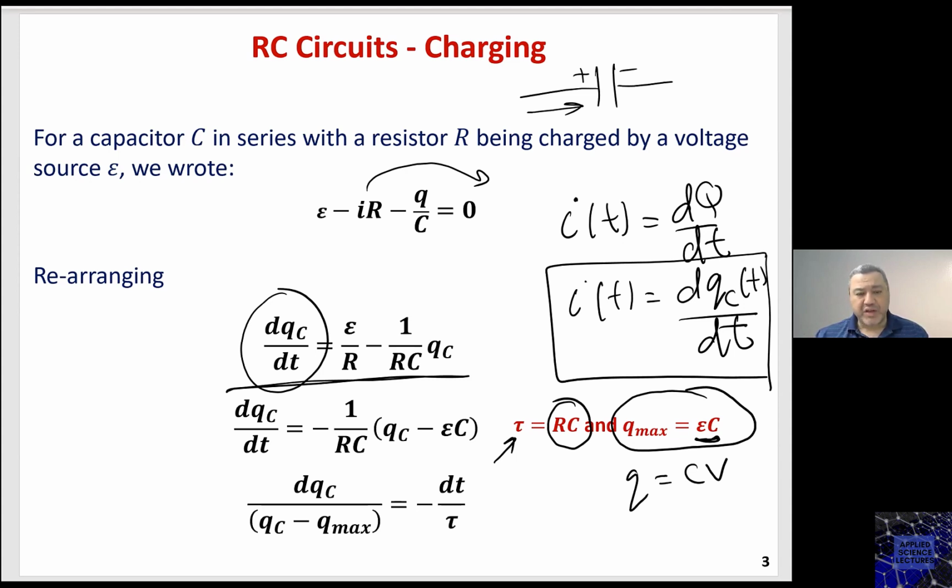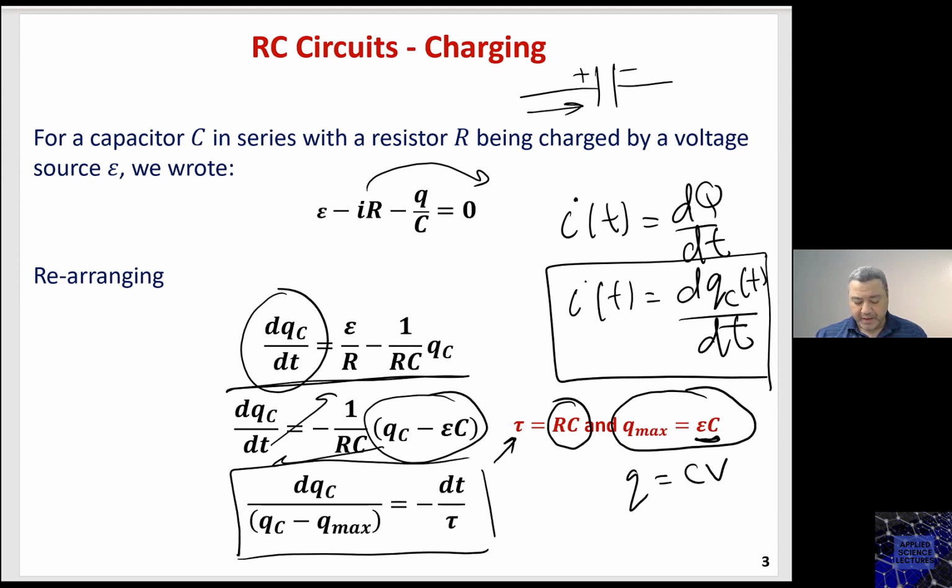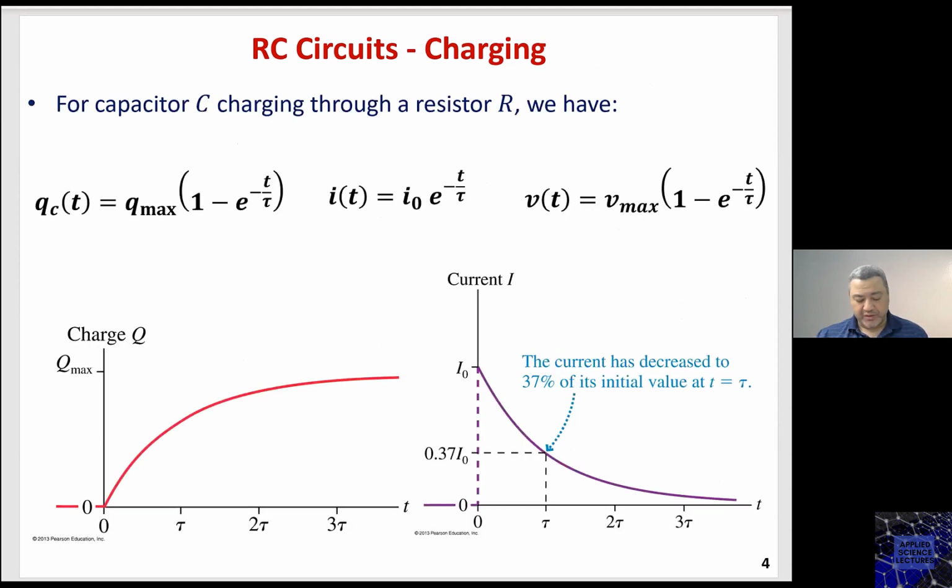So now if I rearrange this equation such that I move dt to the right, and I move qc minus epsilon C to the left, then my equation would look like this: dqc over qc minus Qmax equals minus dt over tau. Now, taking the integration on both sides, we end up with this form of function.